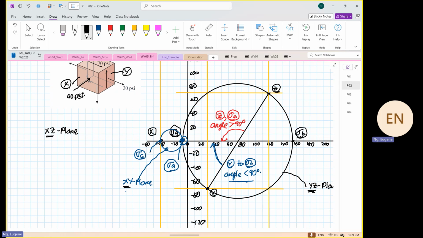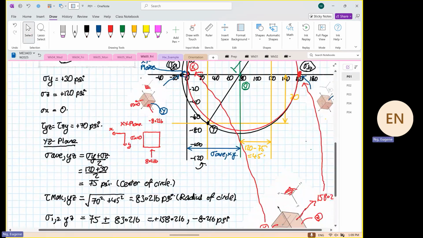And the XZ plane has the bigger circle. Okay. So tau max for the XZ plane will be equal to -40 minus the positive principal stress. What was the principal stress?